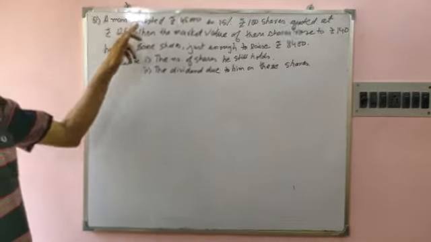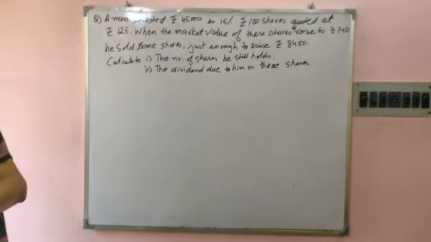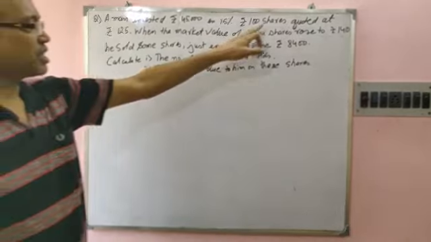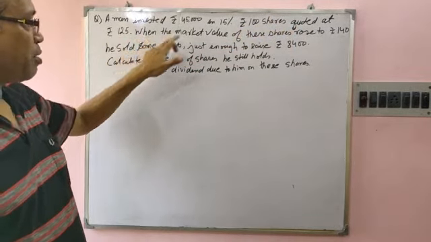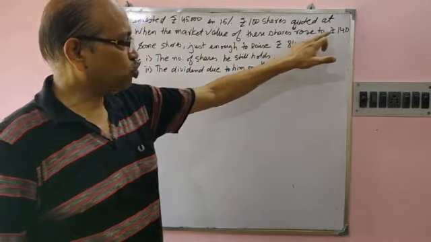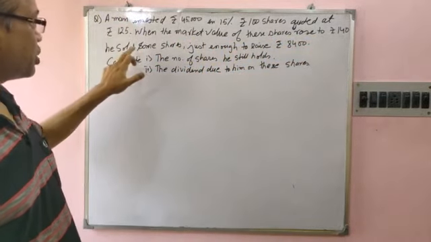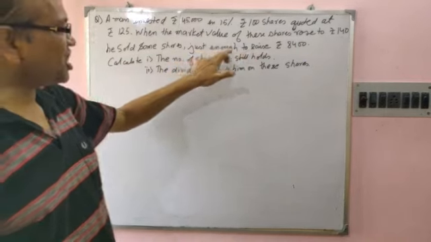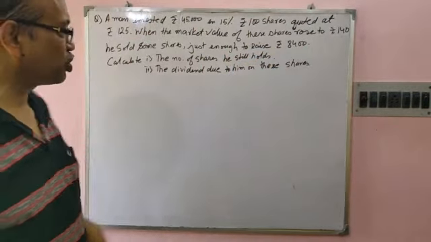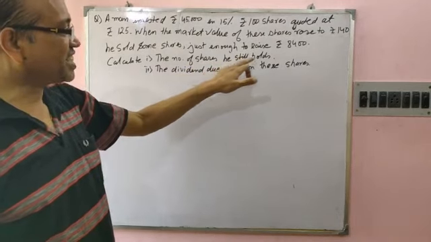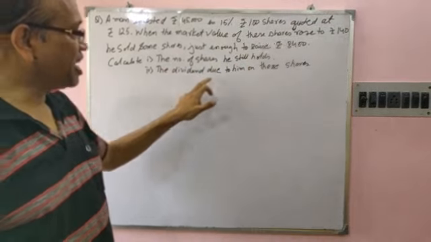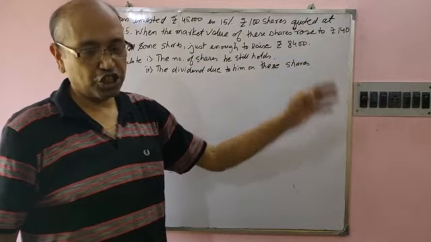The next sum. A man invested rupees 45,000 in 15% rupees 100 shares quoted at rupees 125. When the market value of these shares rose to 140, he sold some shares just enough to raise rupees 8400. Calculate the number of shares he still holds and the dividend due to him on these shares.